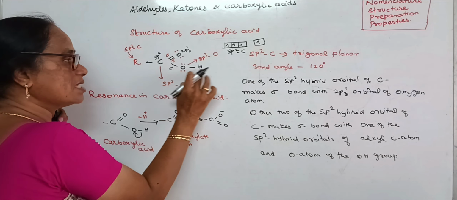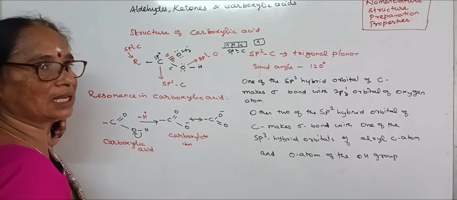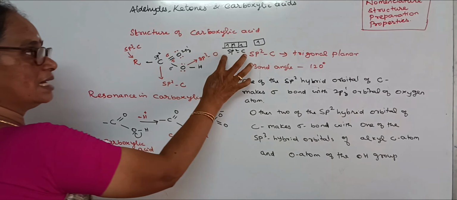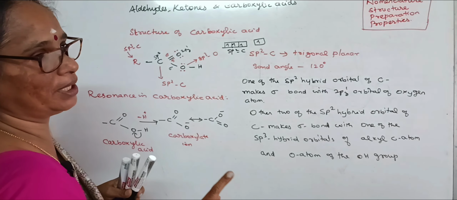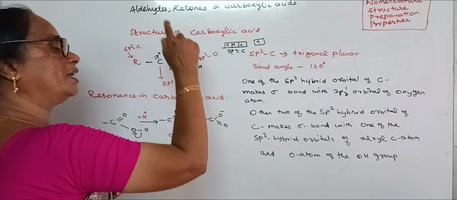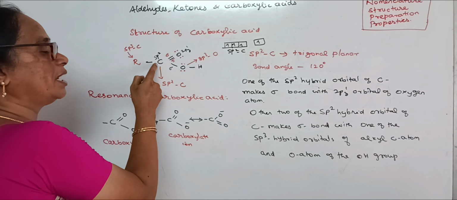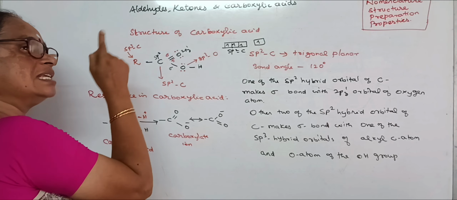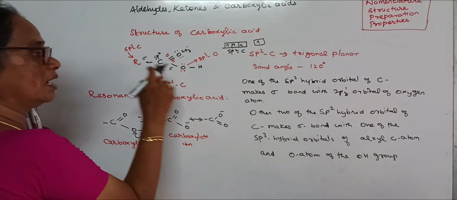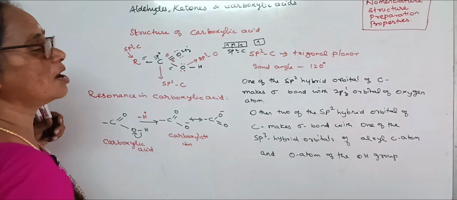The oxygen atom of the OH group is also an sp3 hybridized oxygen atom. So the central carbon has 3 sp2 hybrid orbitals. One of them makes a sigma bond with the 2p orbital of the oxygen atom, and the 2 other sp2 hybrid orbitals of the central carbon make sigma bonds with the sp3 hybrid carbon of the alkyl group and the sp3 hybrid orbital of the oxygen atom of OH.